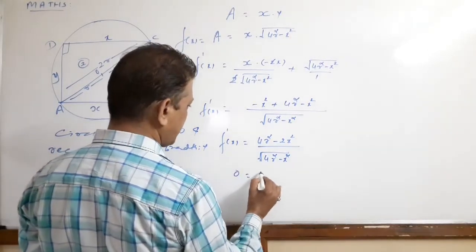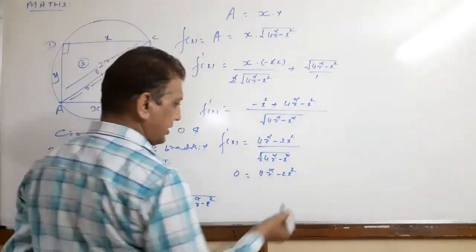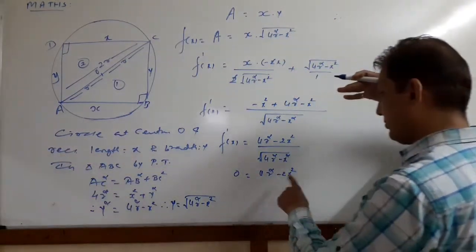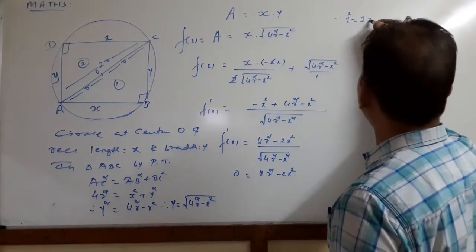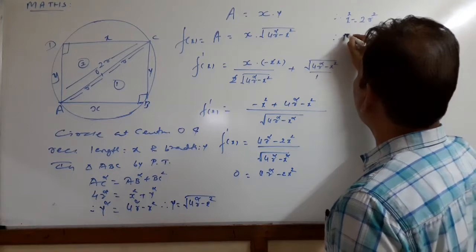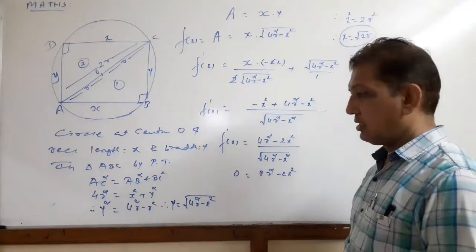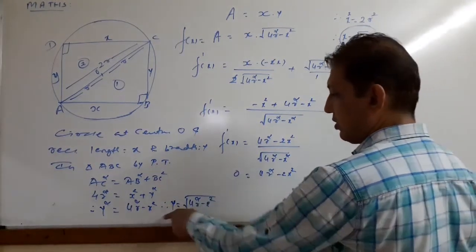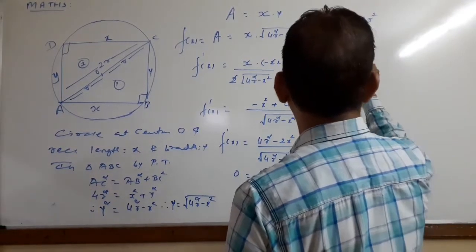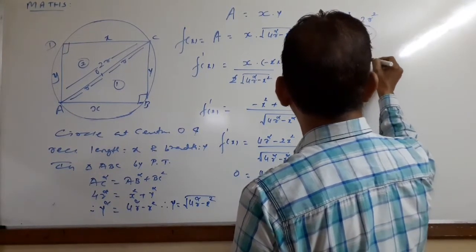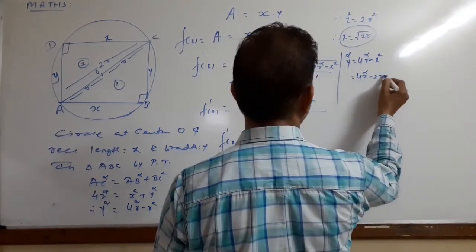Now f dash x equal to 0. So 4R square minus 2x square equal to 0. Now 2 is common, so x square we take on the left side. X square equal to 2R square. Therefore x equal to root 2 R. Now put it here for Y: Y square equal to 4R square minus x square, equal to 2R square.